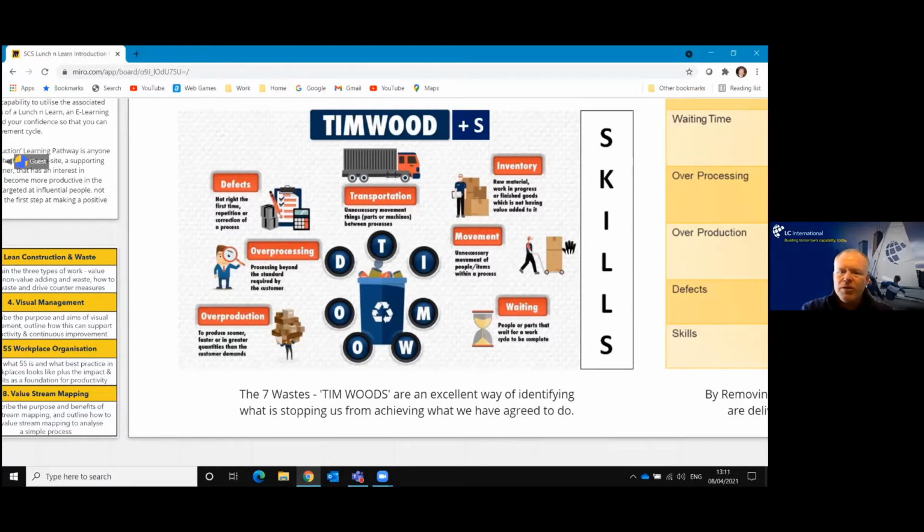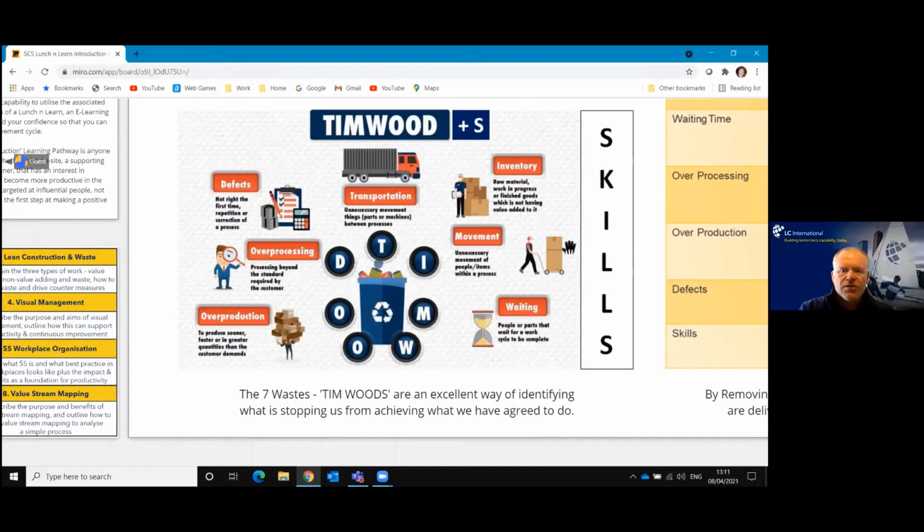It's let's remove what we shouldn't be doing, rather than just focus on improving what we should be doing. By the very nature of removing waste, we will have a bigger impact on the time we have available to do the value-added activities, the things that our customers are expecting, like a finished construction, building, or activity.